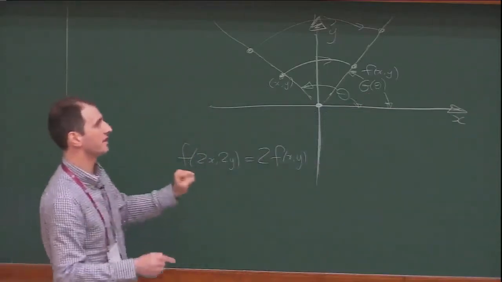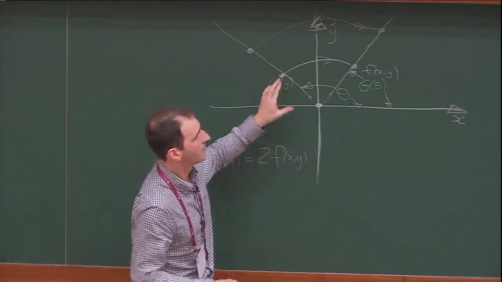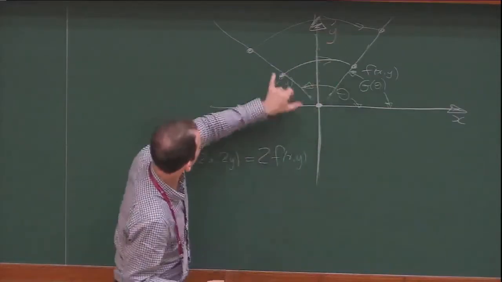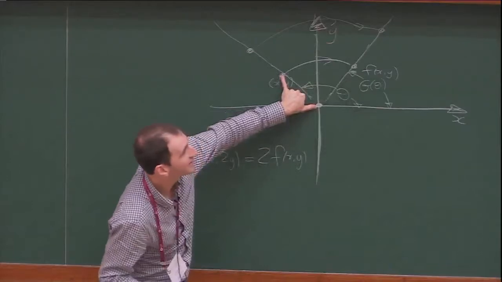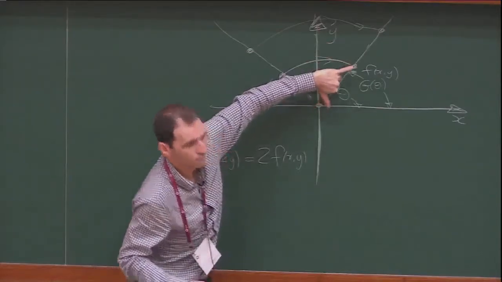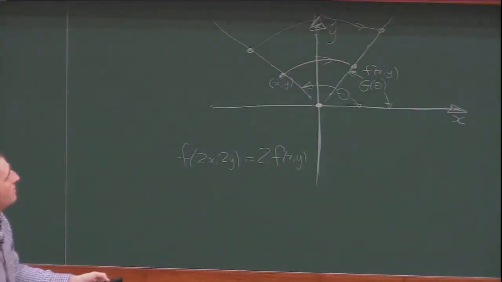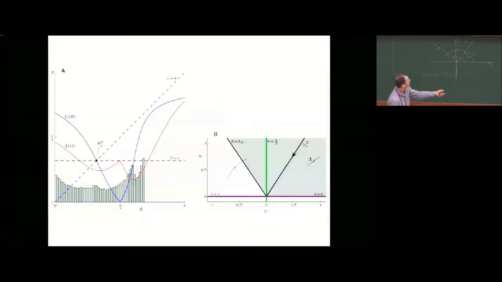And then I also need a second function, which I'm going to call d, that describes the expansion. So how does this length increase to this length, or decrease? Okay, so in blue, this is the map g, which describes the rotation. For this example, it's a unimodal map.